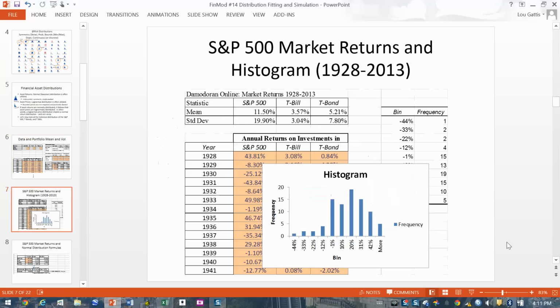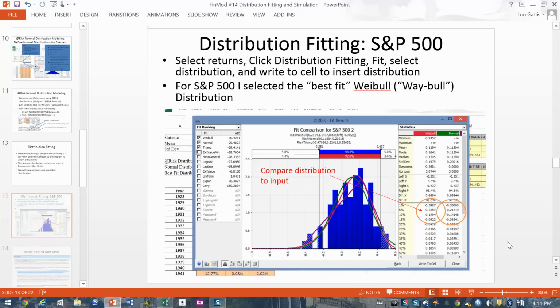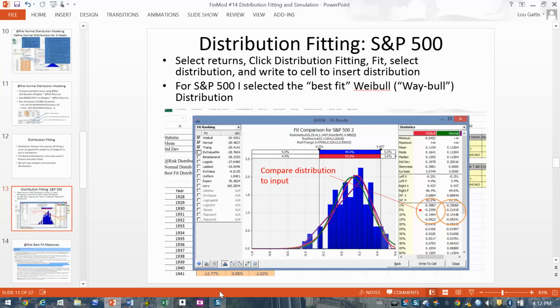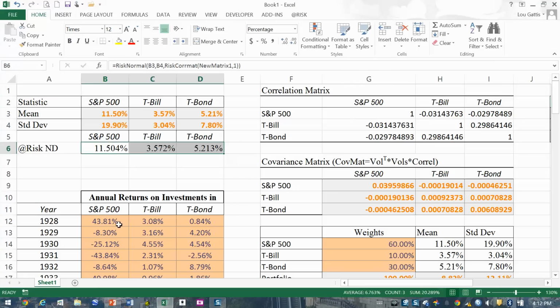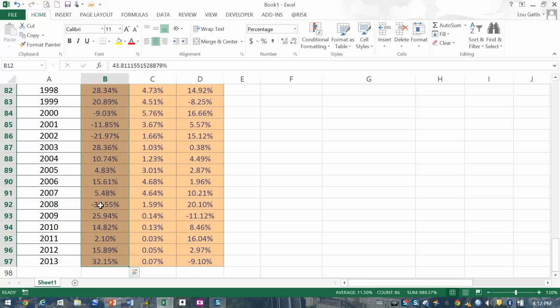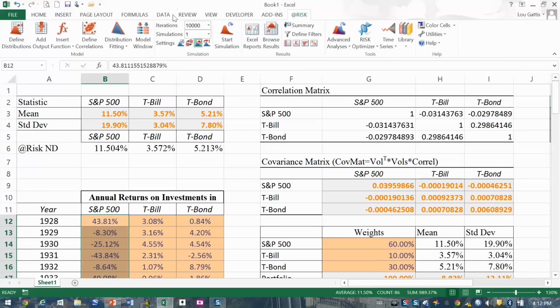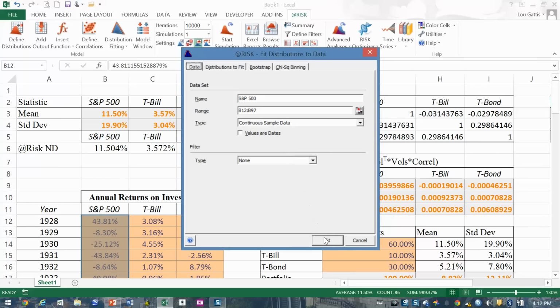So let's try that. What we're going to do is select each of our asset returns. So let's do S&P first. Grab our data. I'm going to go to @Risk, distribution fitting, fit, fit.